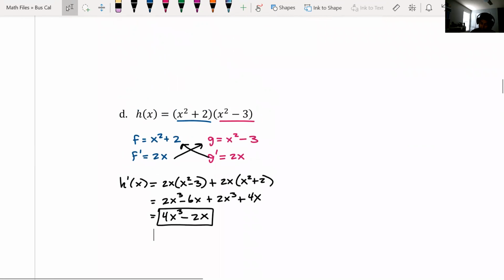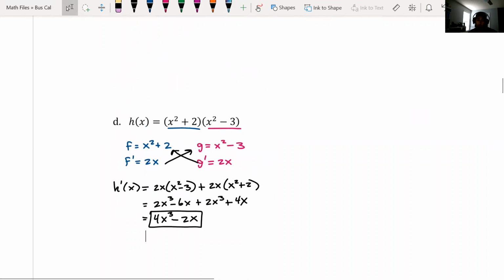Okay, cool. And that was product rule, y'all. Nothing to it. Label what f and g are, take their derivatives, follow the product rule, and simplify algebraically. Any questions on the product rule?